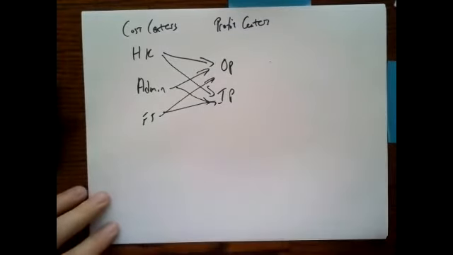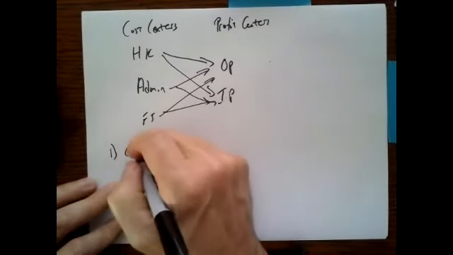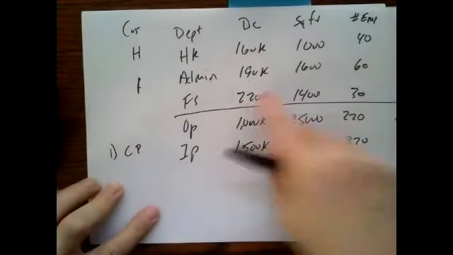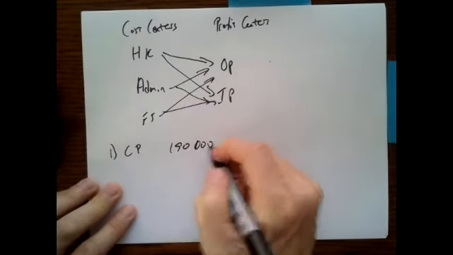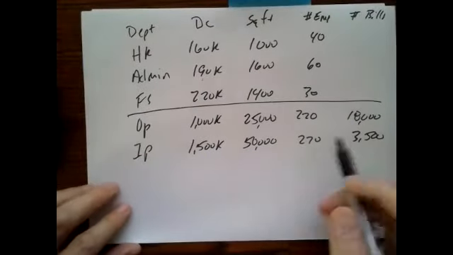So to calculate the cost allocation, we use our 4-step method. We need our cost pool for admin. Our cost pool for admin is its direct cost, which is 190. We need a cost driver. We're told that the cost driver for admin is number of employees.